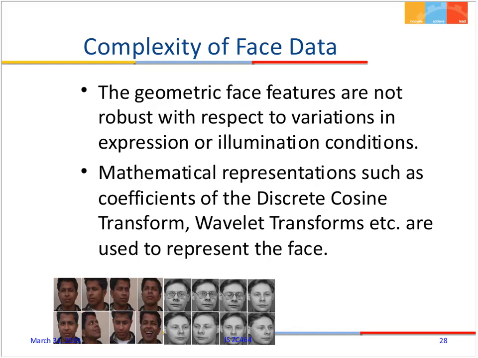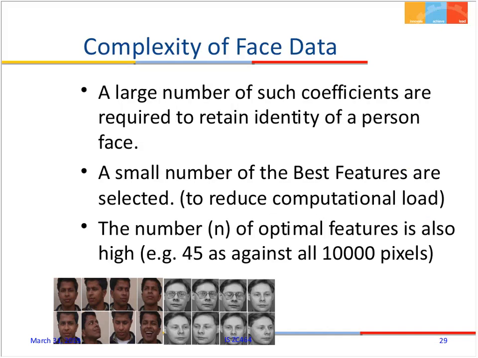A large number of research papers you will find on the Chinese face recognition problem as well, right? So mathematical representations need to be used for representing the face image. A large number of such coefficients would be required to retain identity of a person.